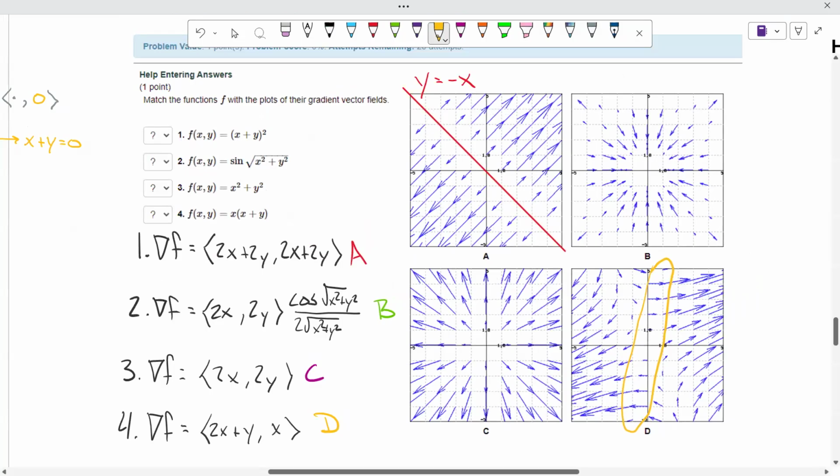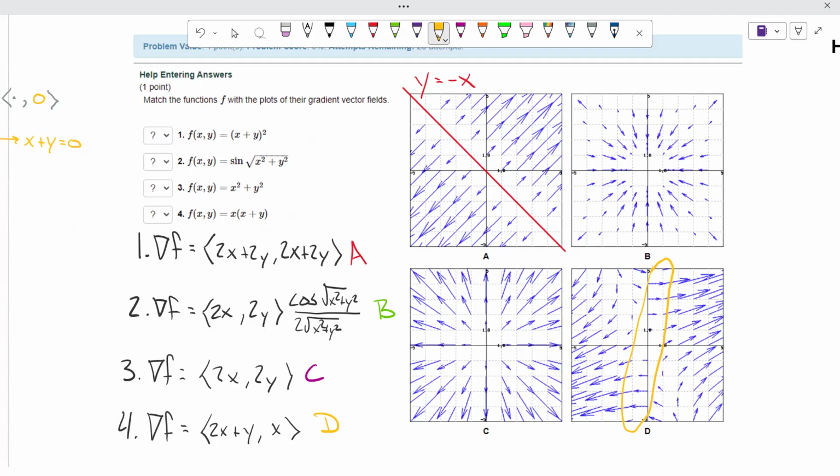So for graph A, I again see a line appearing along y equals negative x, right? And even along that line, I'm seeing a couple of things. One, my vectors aren't moving left or right, nor are they moving up and down. In fact, I don't really see any vectors at all.